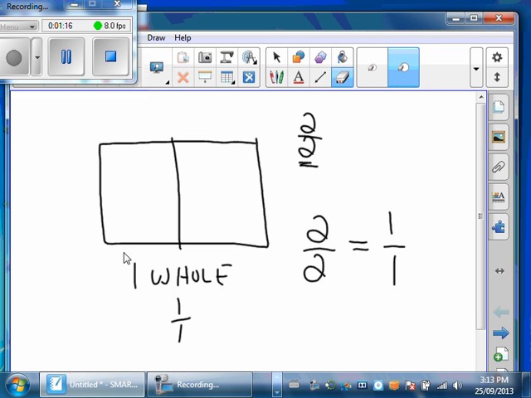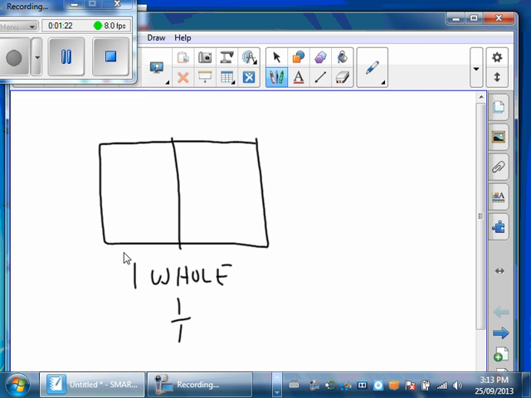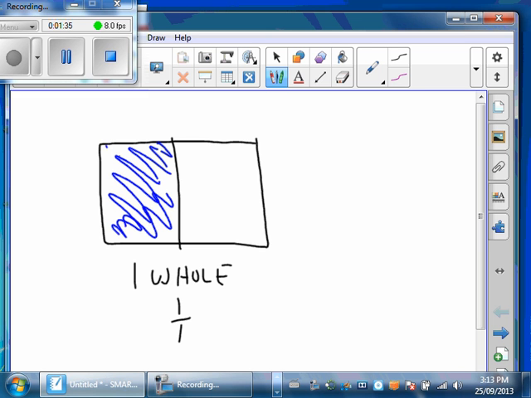All right. Well, let's take a look at other fractions while we're at it. And let's say we were to shade in 1/2. Now, as you can see, we have shaded in 1/2. So this can be represented by the fraction 1 part out of 2 parts, or 1/2.